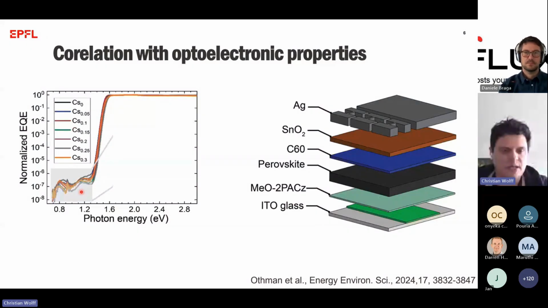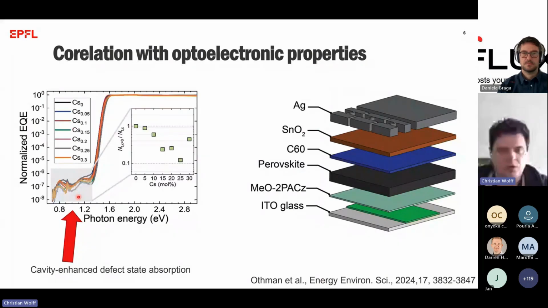And you can also analyze this a little more in depth. And this is exactly what we did. So we integrated these bumpy areas. And what we saw is that you have a negative correlation, so an anti-correlation, between the cesium content and what we call a sort of trap density. We normalized that to the case with cesium 0. Now if you have states within the band gap, and they are optically active, they will most likely contribute to recombination.